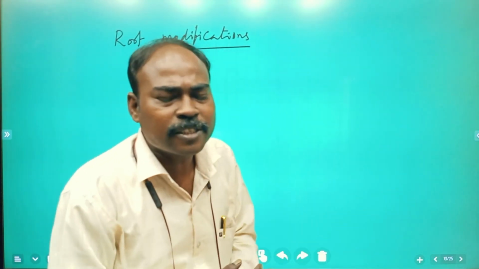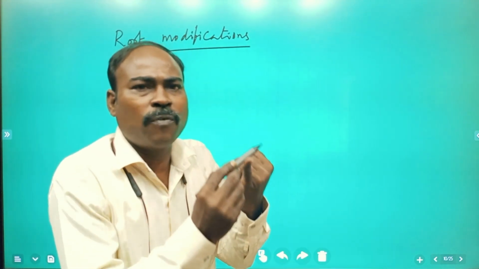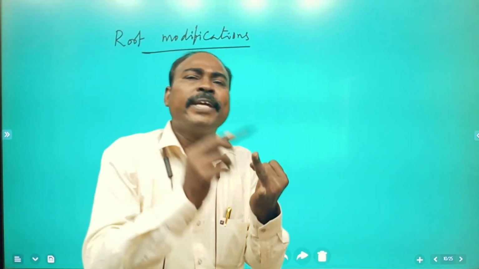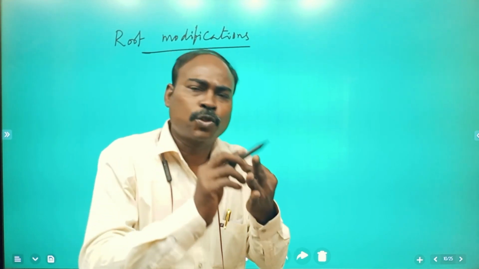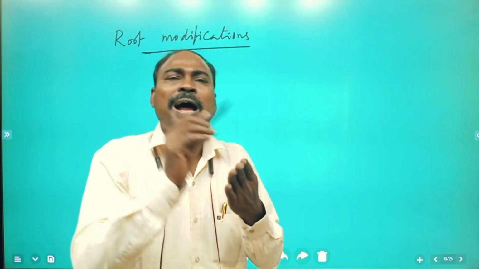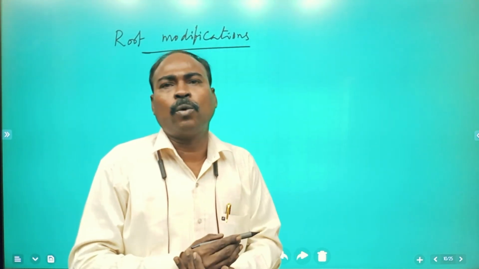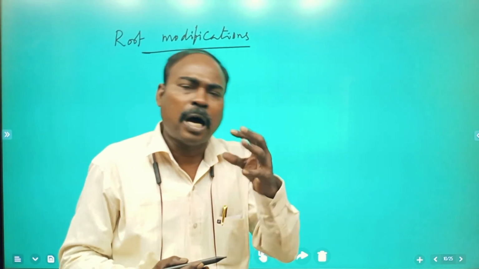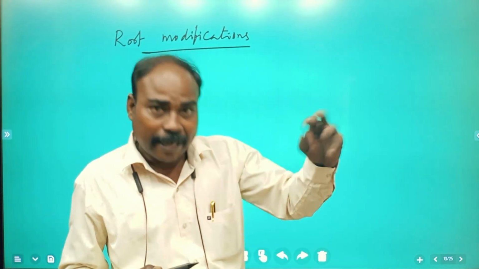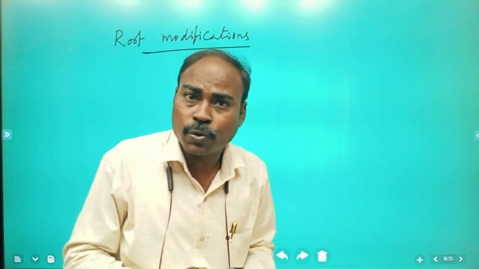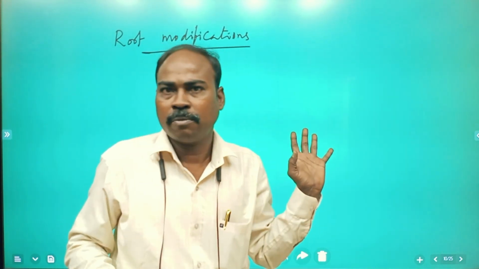What are the main functions? Absorption of water and minerals, giving anchorage, storage of food materials, and synthesis of growth regulators. These are the main functions. Apart from these, some additional functions are also performed by the roots in certain plants, not in all.